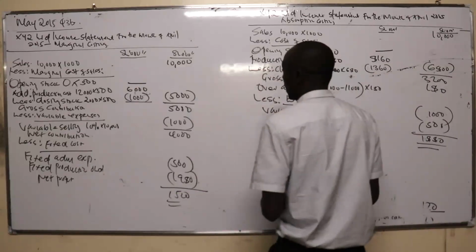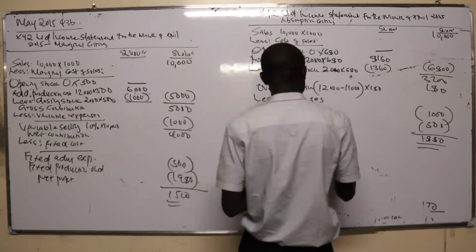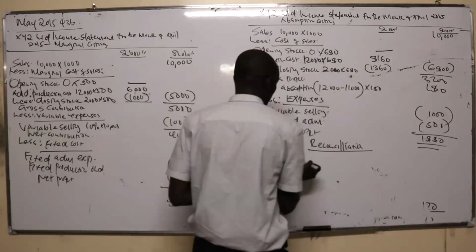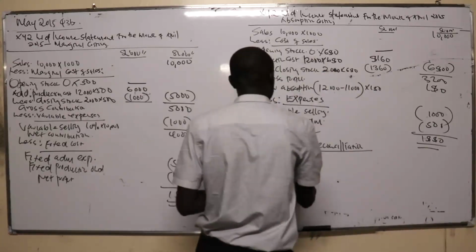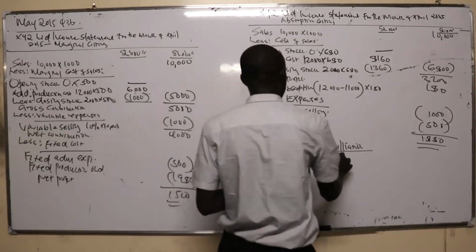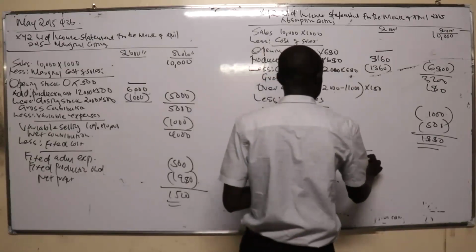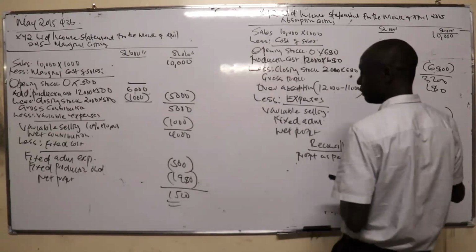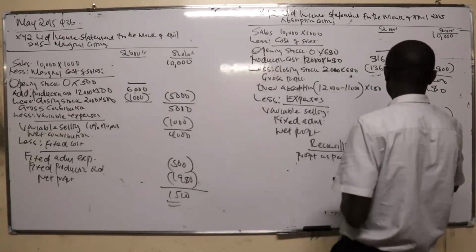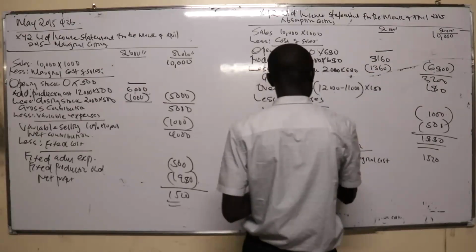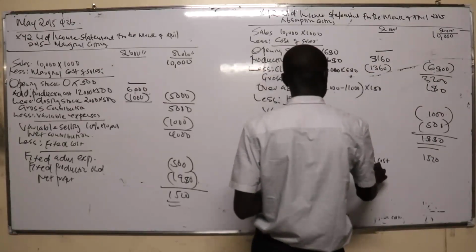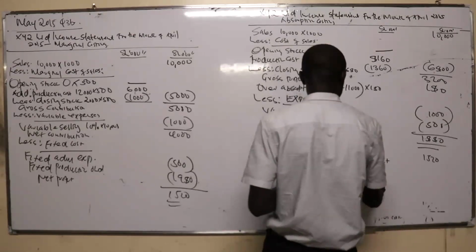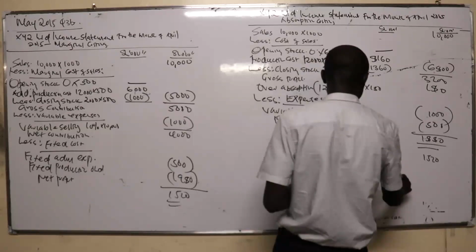And then here you prepare the reconciliation statement, if the question requires reconciliation. You take the profit as per marginal costing, which is 1520. Then adjustments of stock: marginal minus absorption.